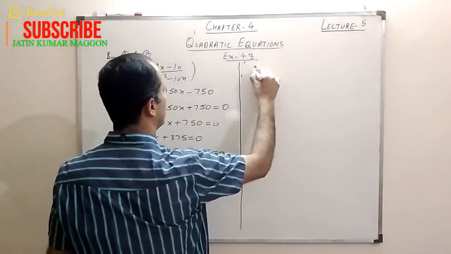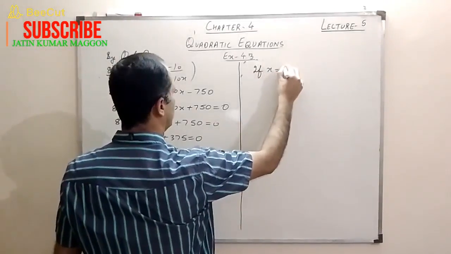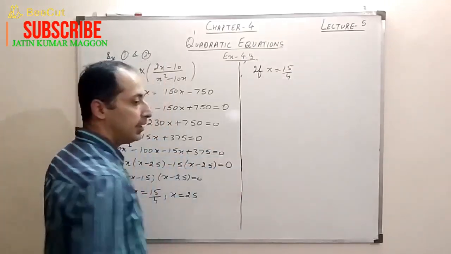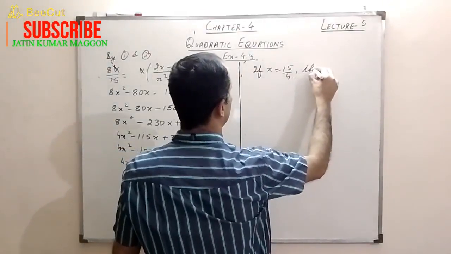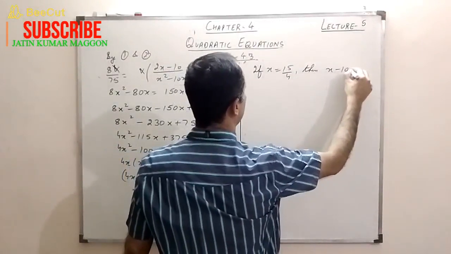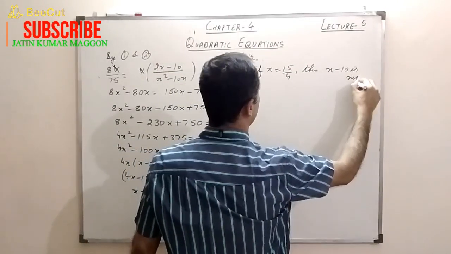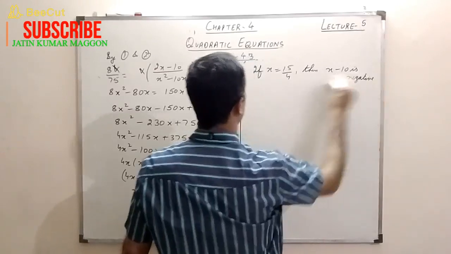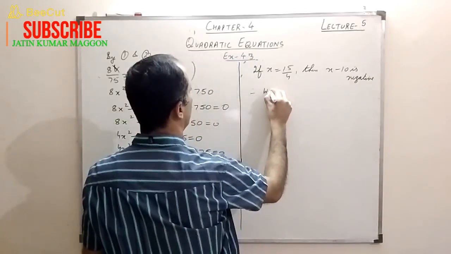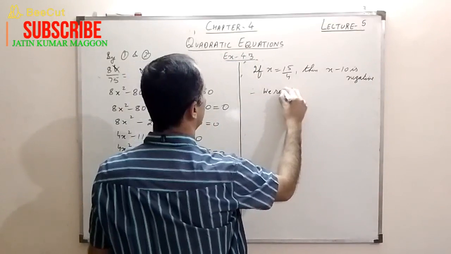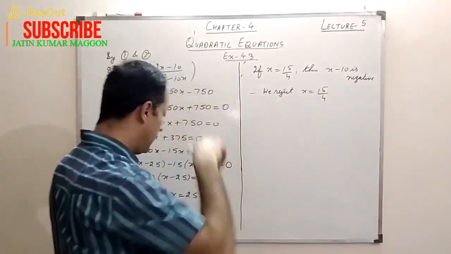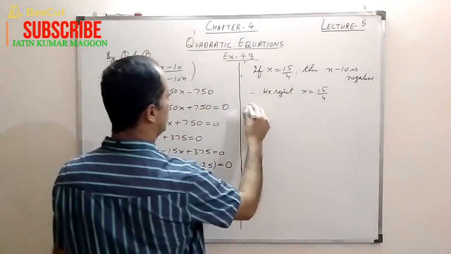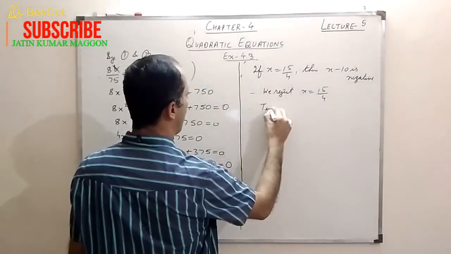So if x equals 15/4, then what we get? Then we get that x − 10 is negative. Therefore, we reject x equals 15/4. We reject this value.